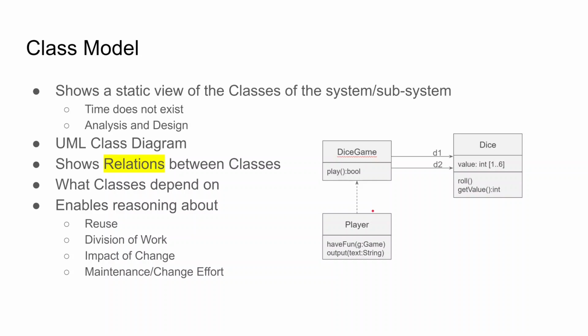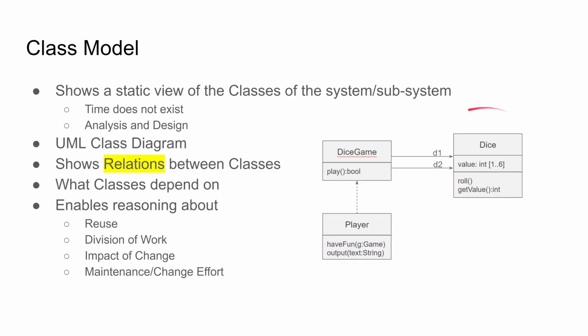Knowing what the different classes depend upon, we can extend our reasoning, and this visual model makes it quite easy to see that, okay, if I want to reuse the dice game, then I also need to reuse the dice. If I want to reuse the player, I will need to reuse the dice game and the dice. So this makes it harder to reuse the player compared, for example, to reuse the dice, which does not depend on anything.